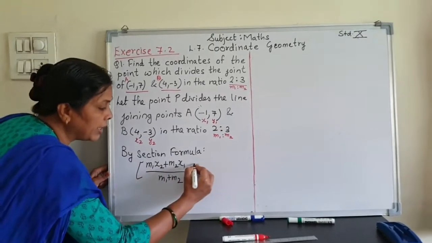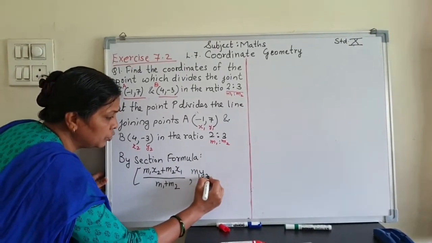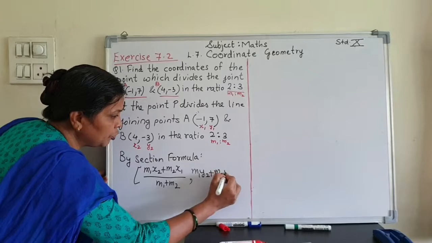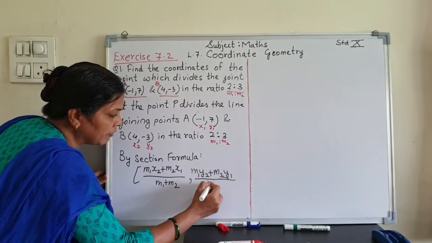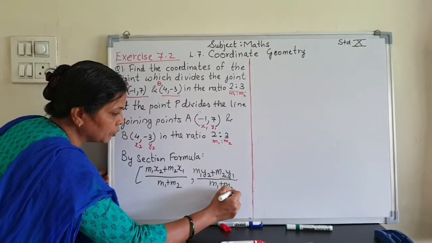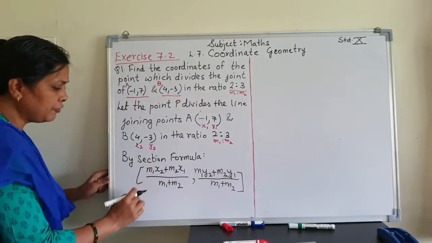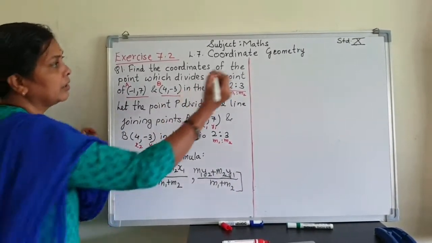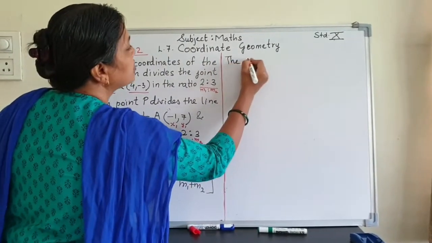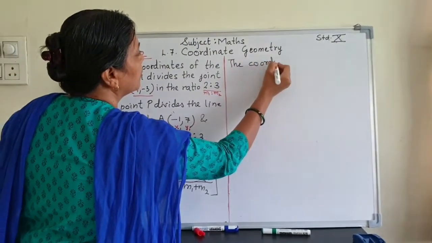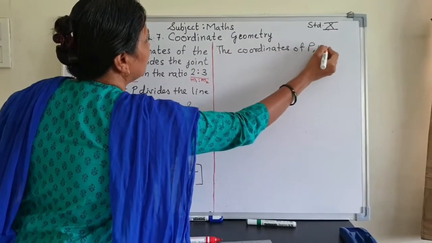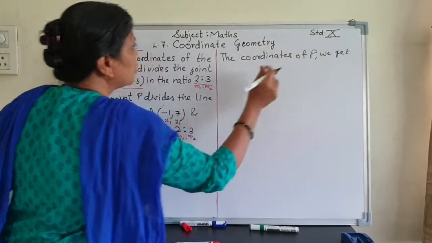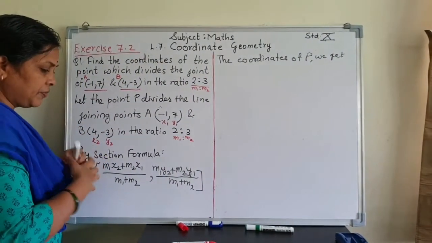The y coordinate again (M1y2 + M2y1) upon (M1 + M2). So by the section formula we get the coordinates of P. Now substitute the values in this formula.